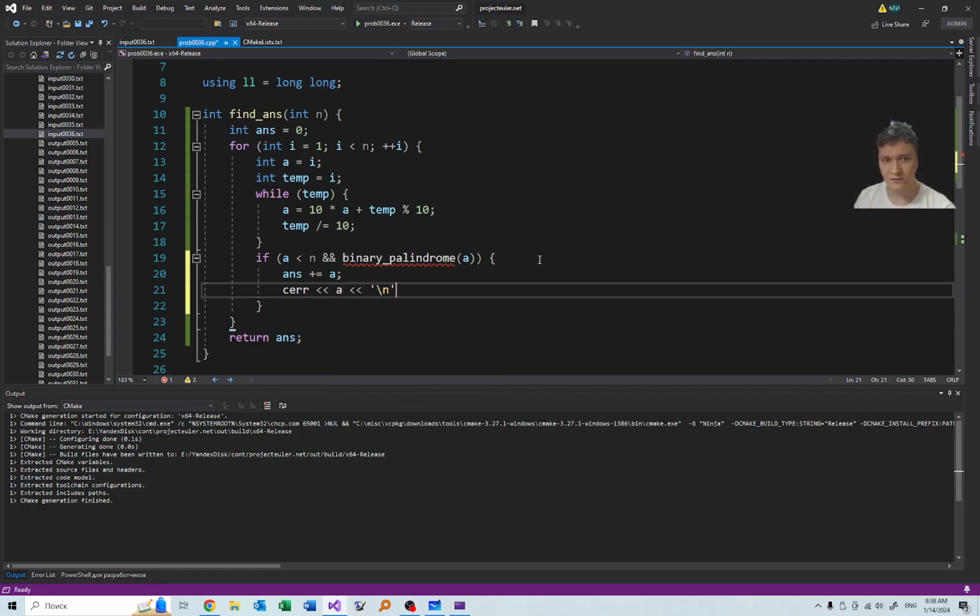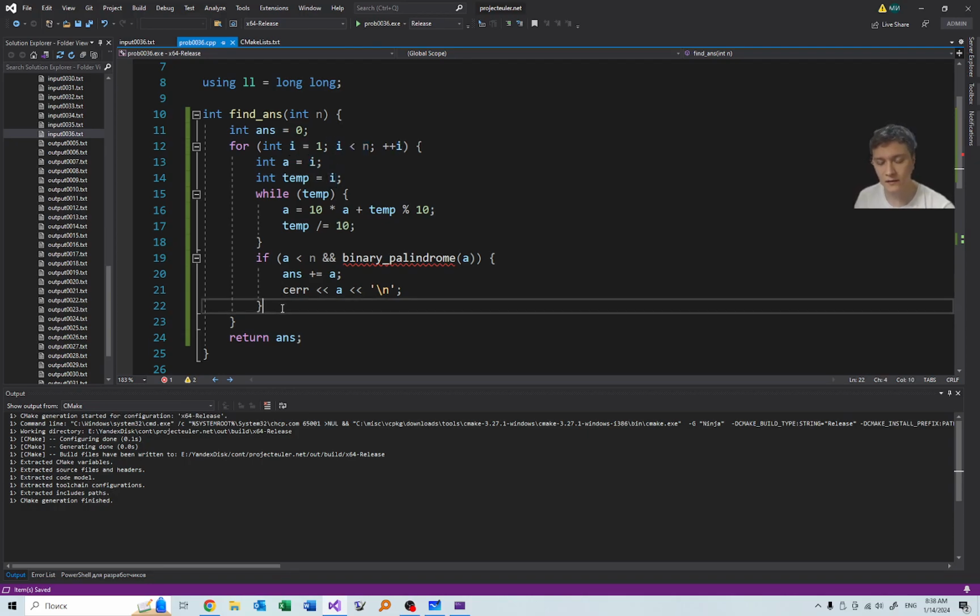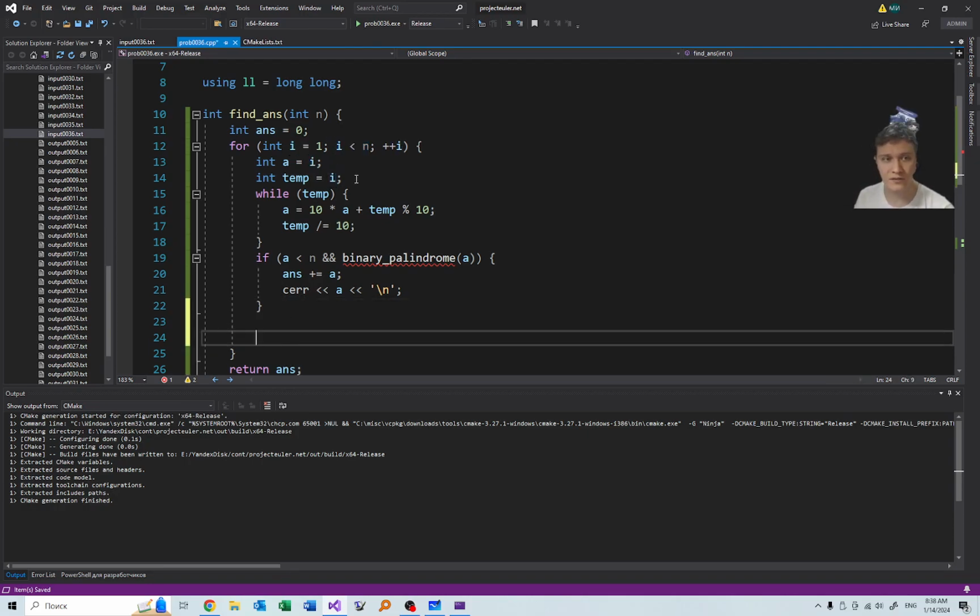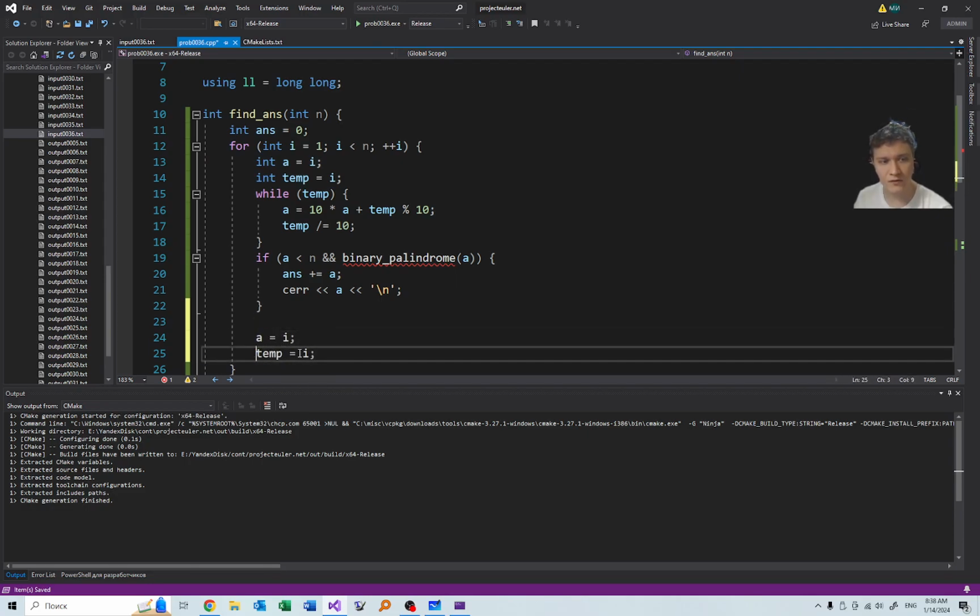However, this is not the ending because there are two problems. First of all, I still run in linear time, and secondly, I only consider even length palindromes. So to also consider odd length palindromes, I will start over, but this time I want to consider odd length palindromes, so I start with temp over 10.